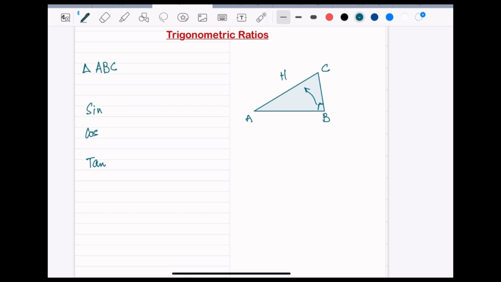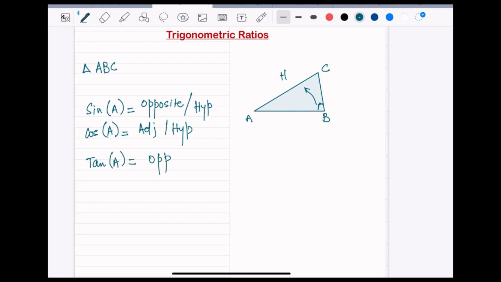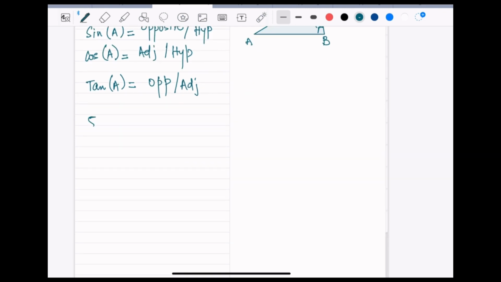So if I say sine of angle A, sine represents the opposite side over the hypotenuse, cos represents the length of the adjacent side over the hypotenuse, and tan represents the length of the opposite side over adjacent. We remember it like this.